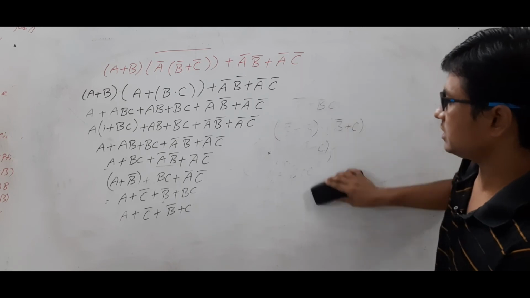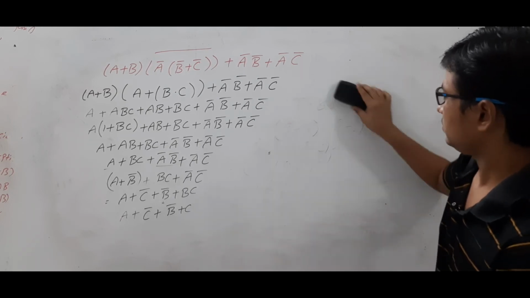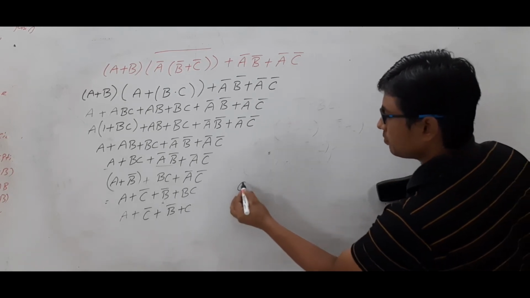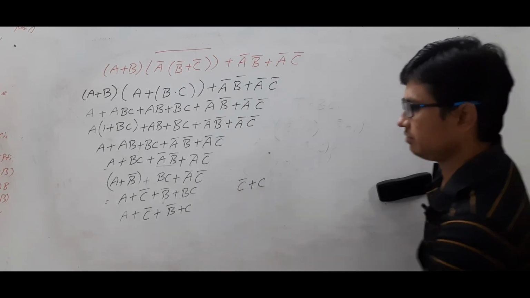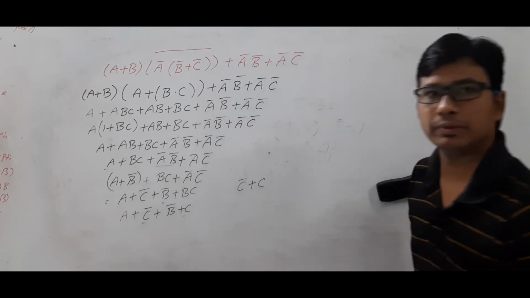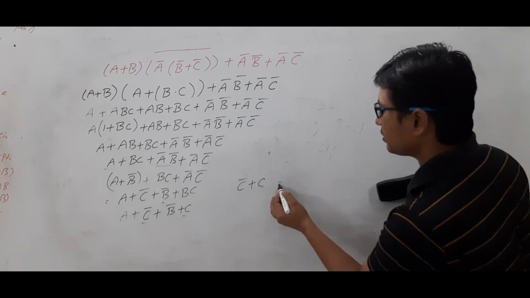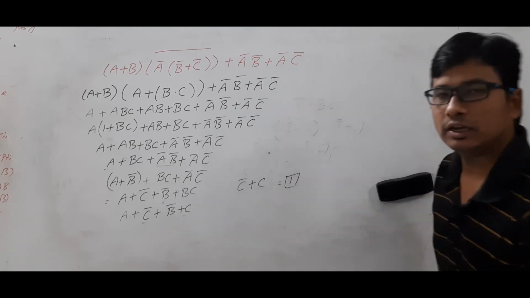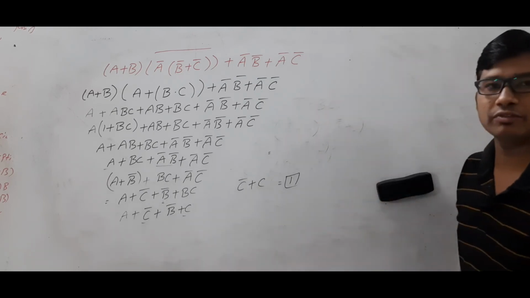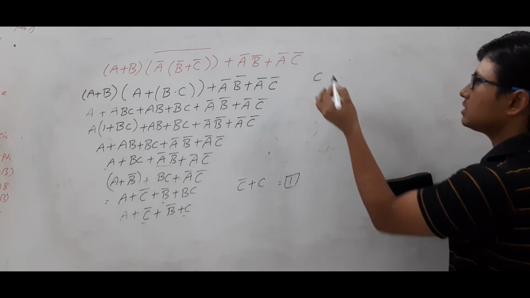Now if you see this, we have C complement or C is there. If I take these two, C complement or C is there. C complement or C, we have discussed that it will be equal to 1. If you have doubt also, you can verify with the truth table. What is the C value you can take?